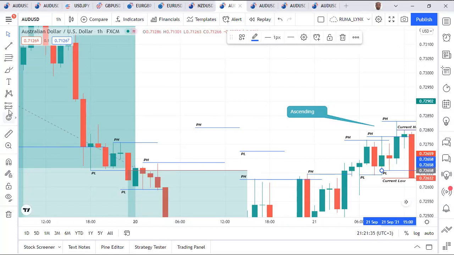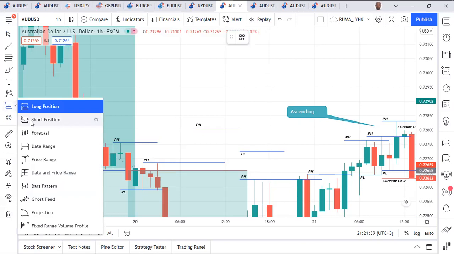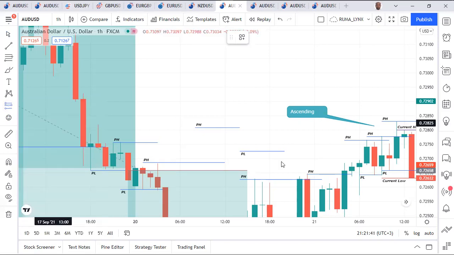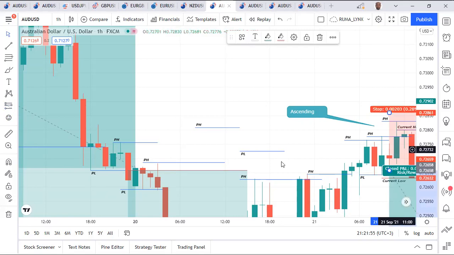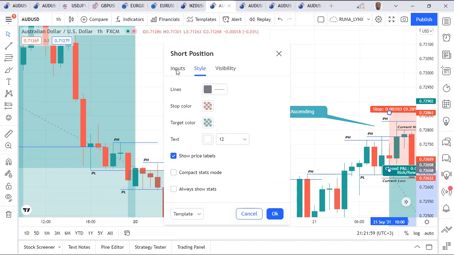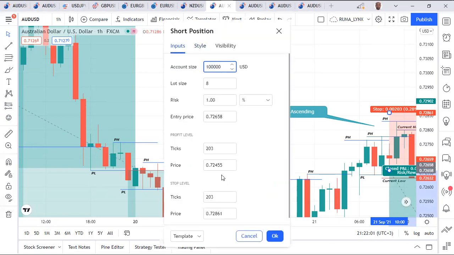So we come here on our tools, and basically we put a short position right here at 0.72657. So right there.